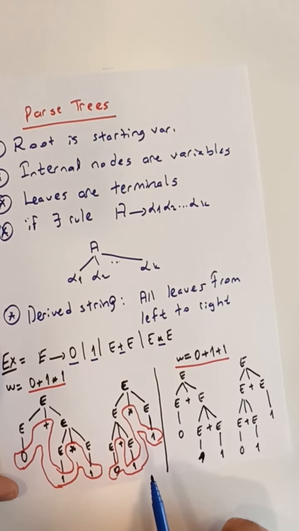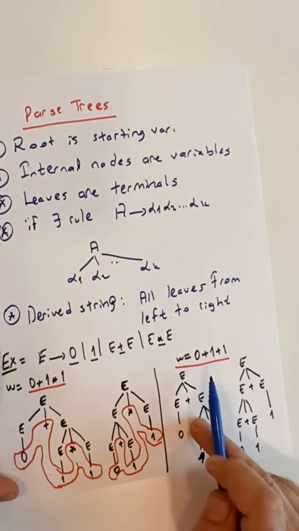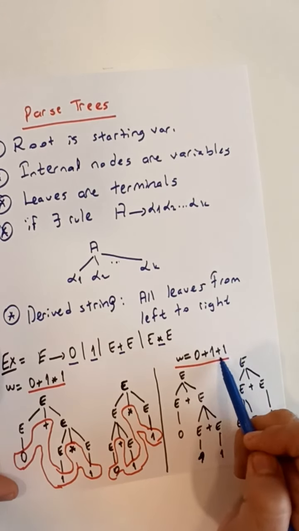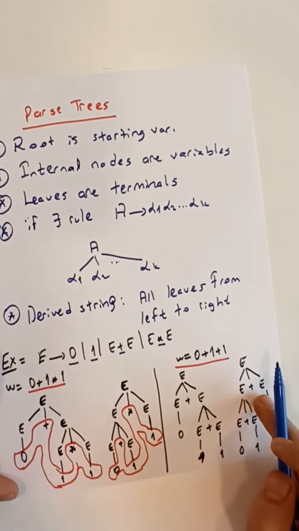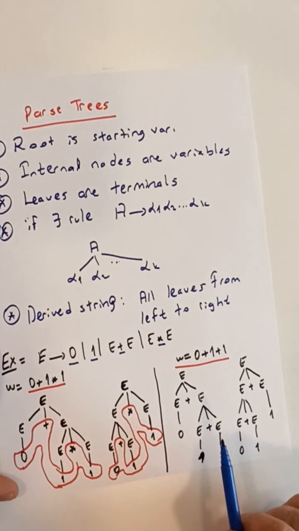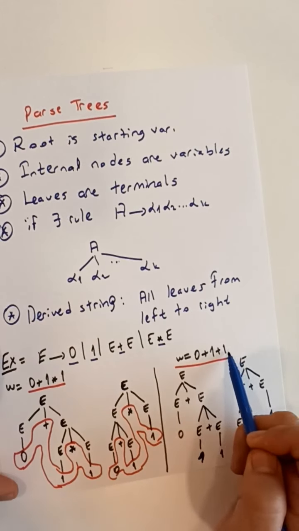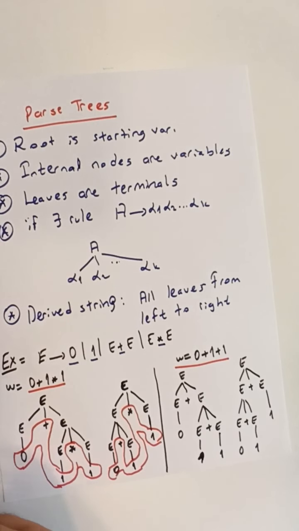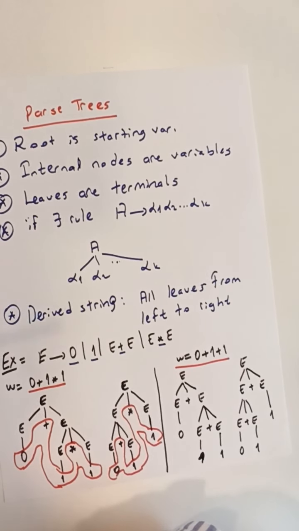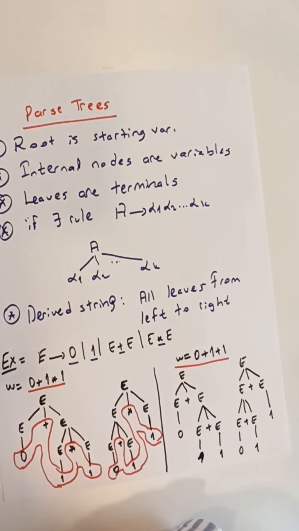Same goes for this example as well. So this left parse tree first executes 1 plus 1 and then adds 0 to the result, whereas this right parse tree first executes 0 plus 1 and then adds 1. Since each of these parse trees tells us about the order to execute these operations, the parse tree that we choose will obviously be important.